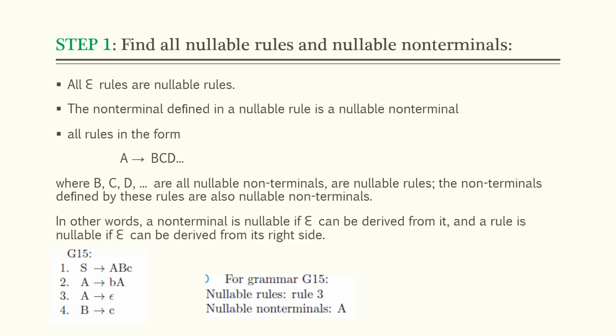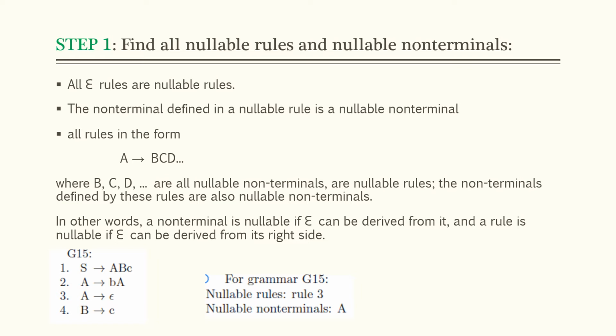There are two different terminologies here: nullable rule and nullable non-terminal. Rule number 3 is a nullable rule, whereas the A in rule number 3 is a nullable non-terminal.